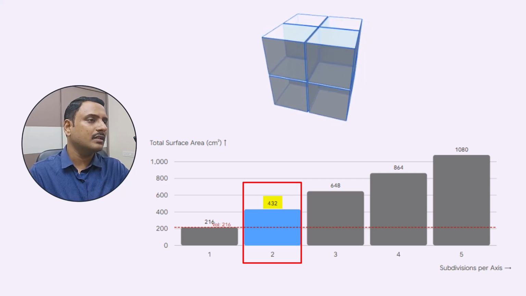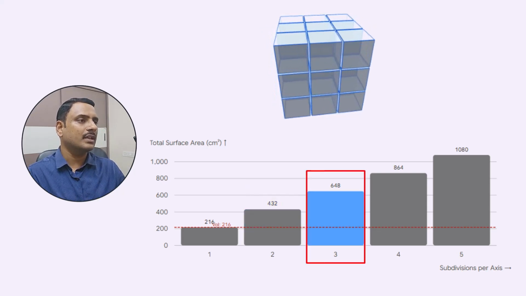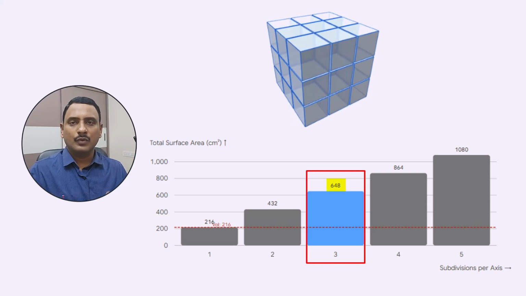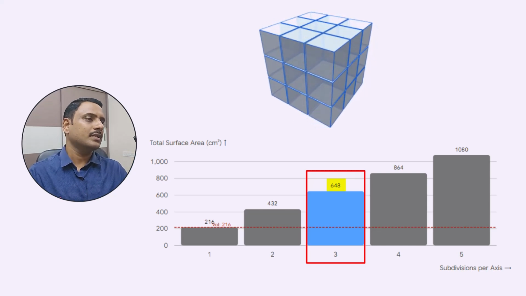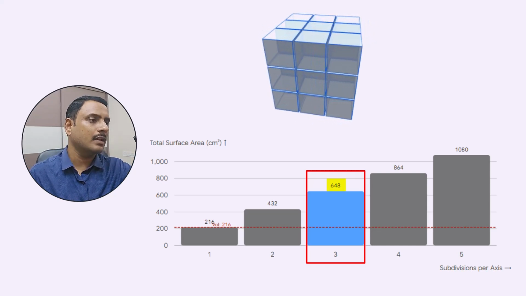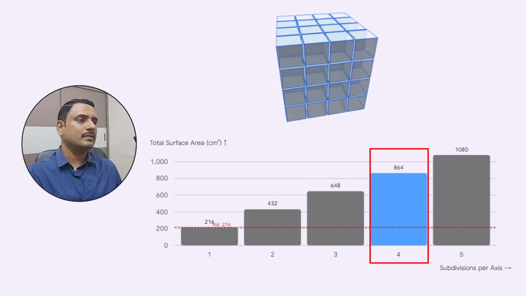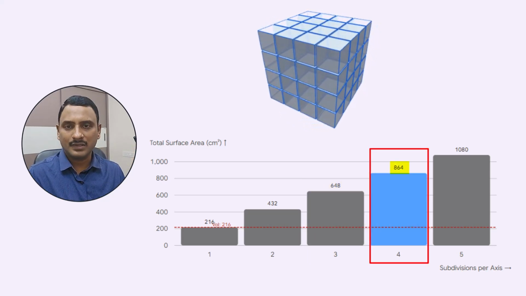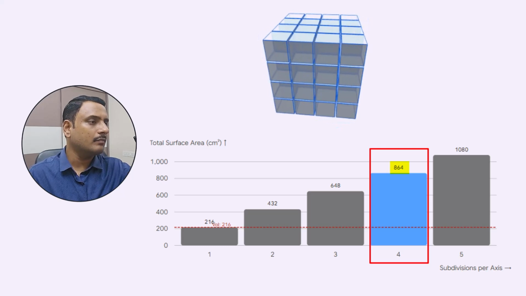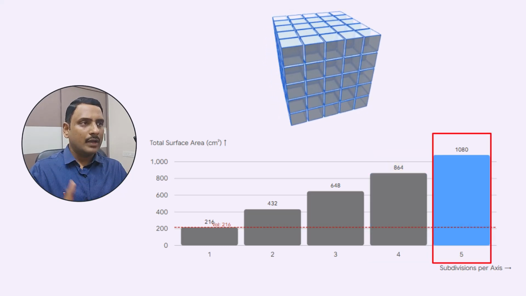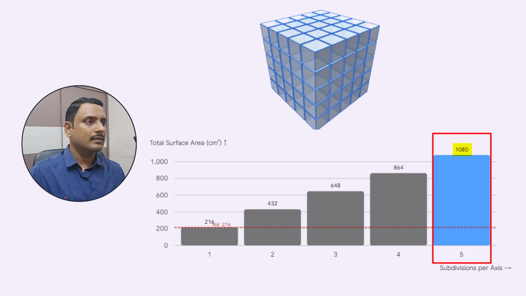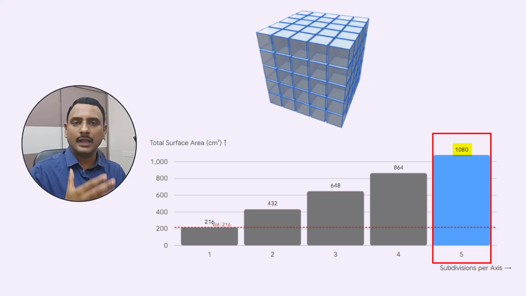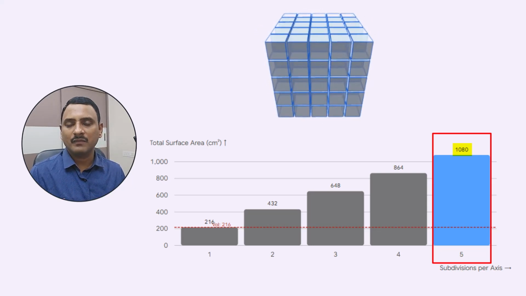And then when you change the number of divisions per axis to 3, the surface area you have now is 648 square centimeters. If you change the same to 4 divisions per axis, now you have 864 square centimeters. And if you change the same to 5 divisions per axis, now you have 1080 square centimeters of area.